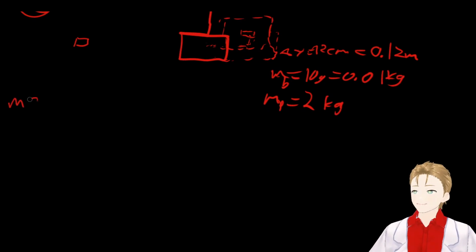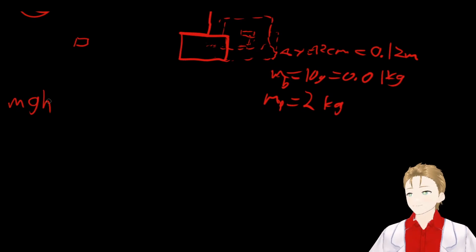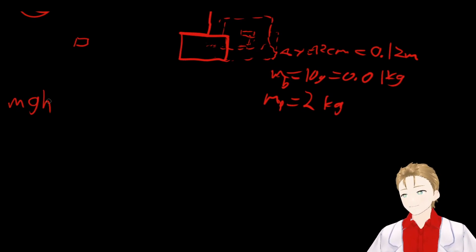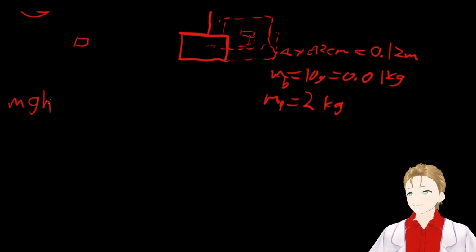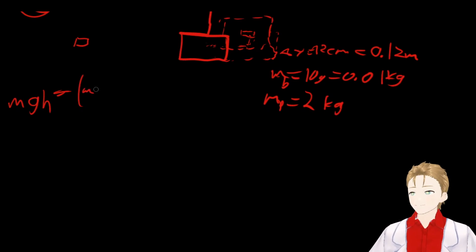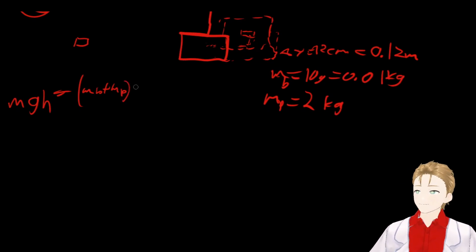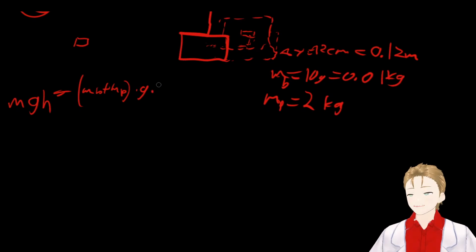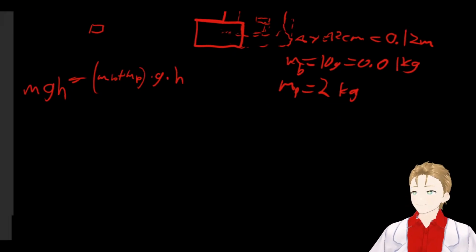There's the potential energy at the point of the pendulum, which is the mass of the bullet plus mass of the pendulum times gravity times the height.